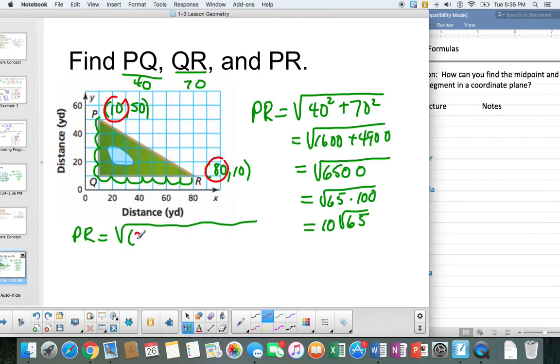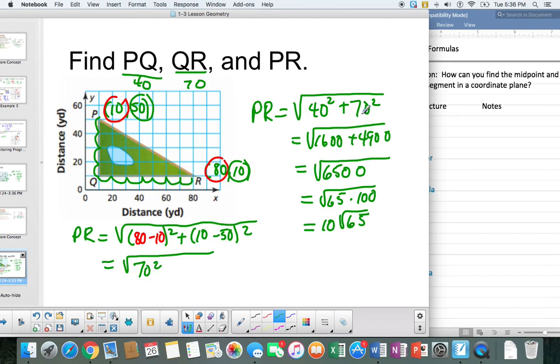So that'll be 80, take away 10, squared, plus, now we're going to take away the two y's. So since I started with 80 here, I want to start with 10 here. 10, take away 50, squared. This number will be 70, so this will be 70 squared.